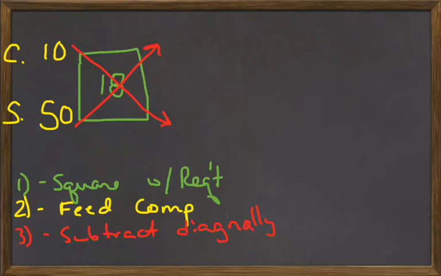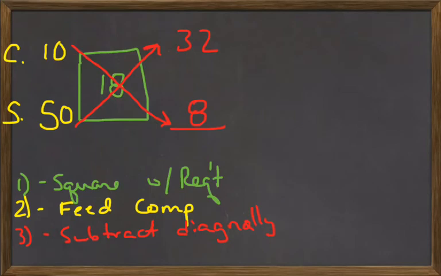And so when we do this and subtract diagonally, the difference between 10 and 18 is 8. And the difference between 50 and 18 is 32. Okay? We have essentially just roughly solved this. That's how many parts of the ration is going to be corn and soybean meal.